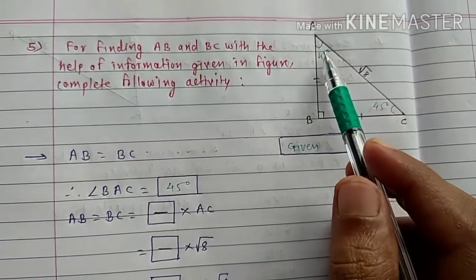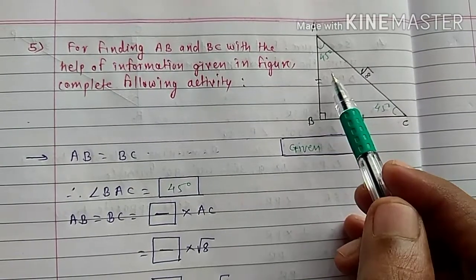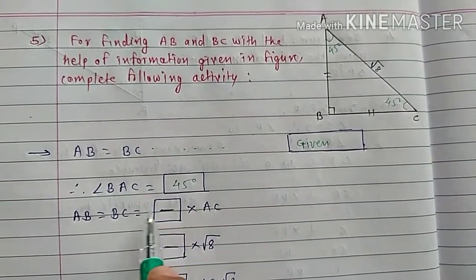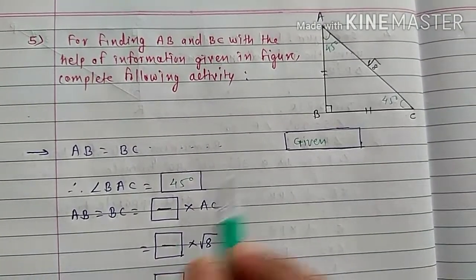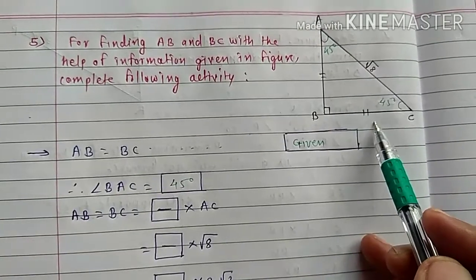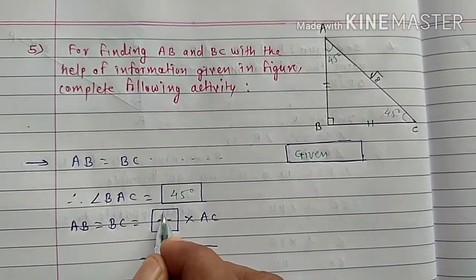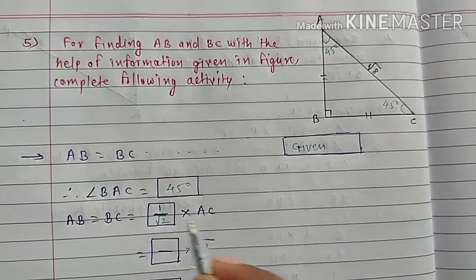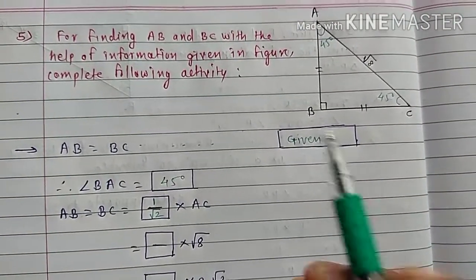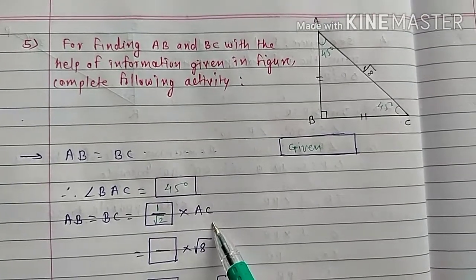So we know that the side opposite to 45 degree is 1 upon root 2 into hypotenuse. So here AB upon BC will come. AB is what, side opposite to 45, BC is also side opposite to 45. So what answer will come here, 1 upon root 2. Side opposite to 45 degree is 1 upon root 2 into hypotenuse.